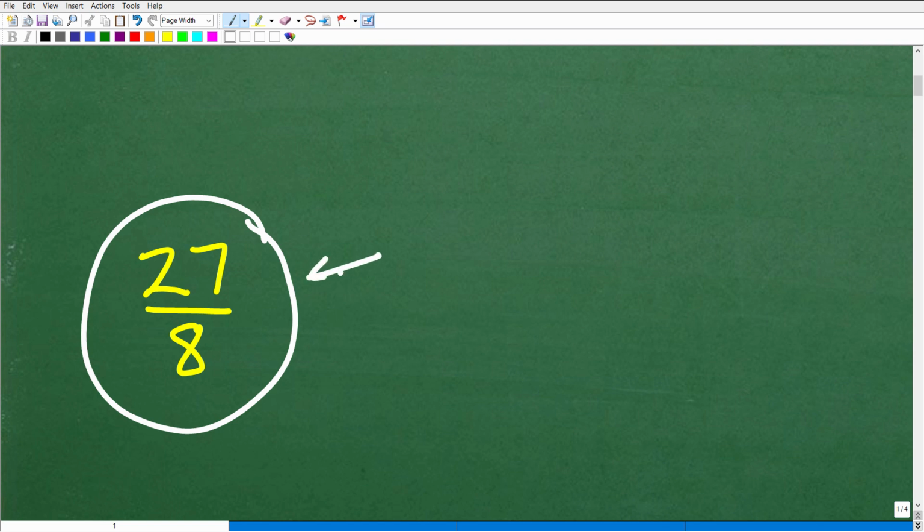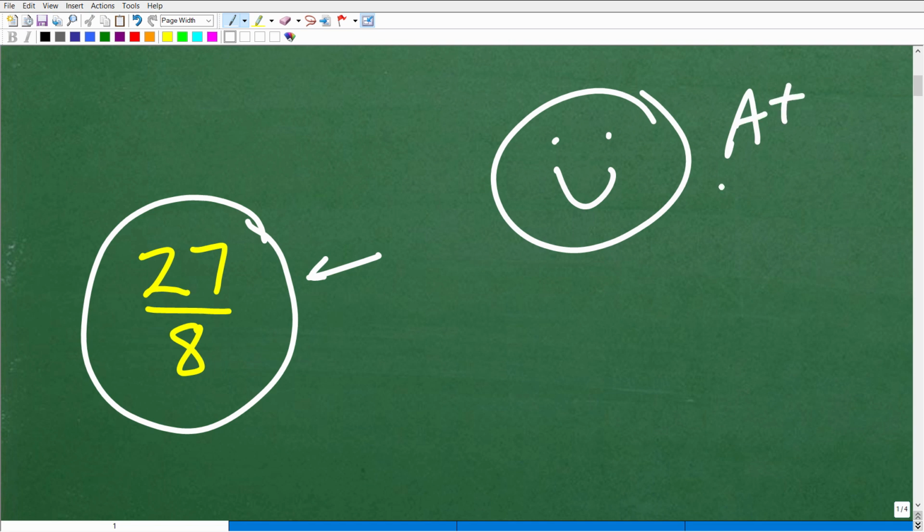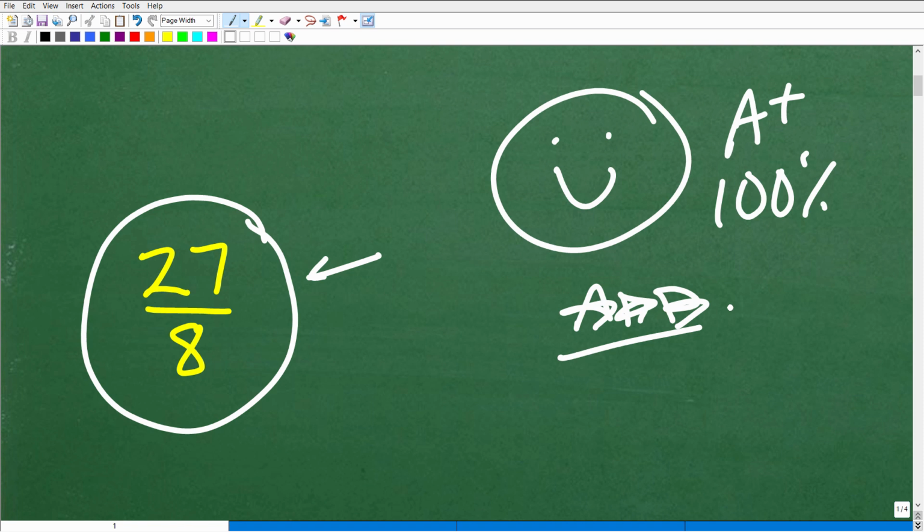Well, if you got this right, let's go ahead and celebrate by giving you a nice little happy face and an A plus, a 100%, and a few stars so you can tell your friends and family that you know a thing or two about complex fractions. Outstanding. Okay, so again, this word complex, it could be intimidating, right?